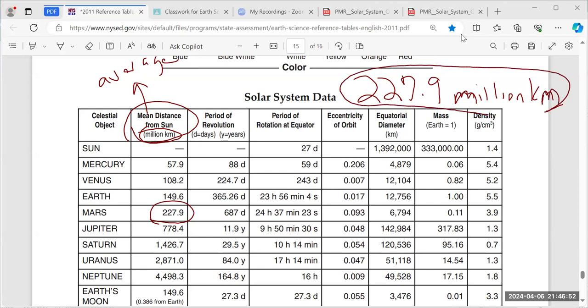That is the correct answer. If you just wrote 227.9, it would be incorrect. If a question says to include units, make sure to include units. And anytime you're pulling any number from the reference table, they're going to give you the units with it. So that's something to keep in mind.